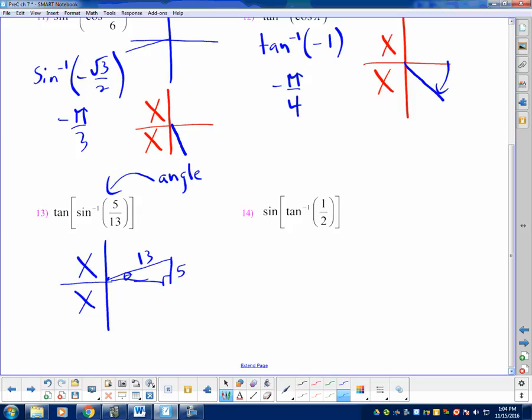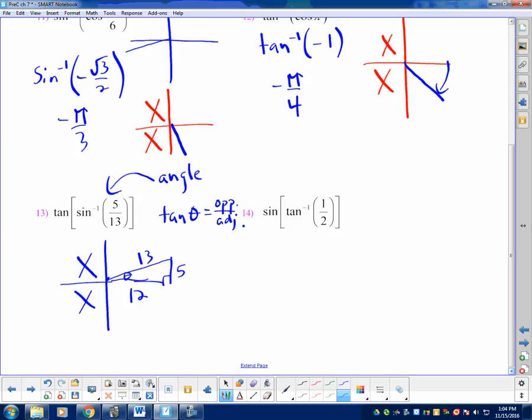Okay? So my final answer is going to be a ratio, and my ratio is going to be based on the tangent definition. Tangent of an angle theta is equal to opposite over adjacent, right? I know my opposite is 5. I don't know my adjacent. It is 12. How'd you get that? Pythagorean theorem, or if you remember, it's a triple.